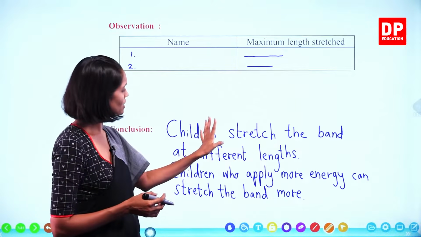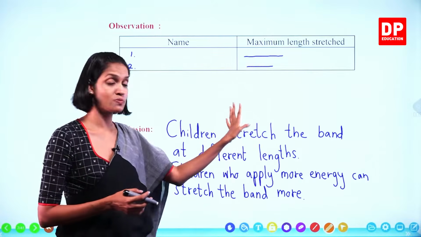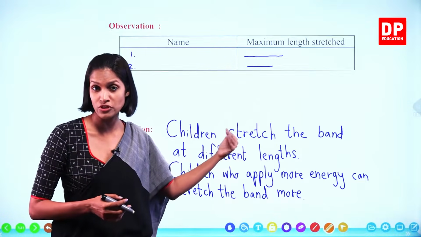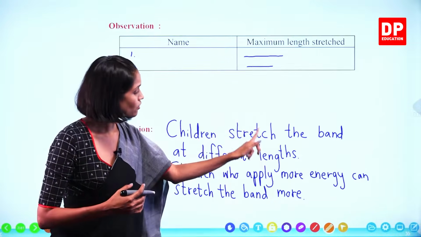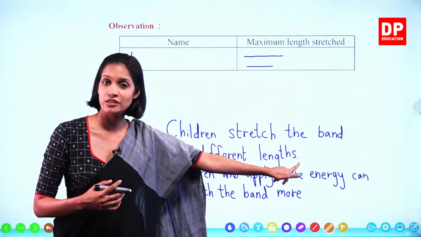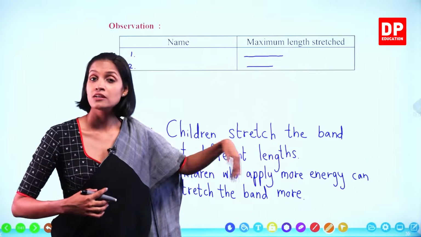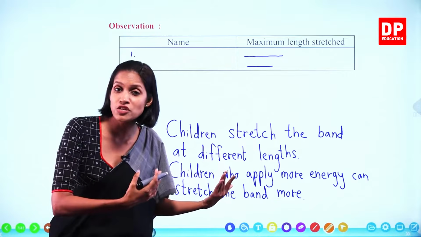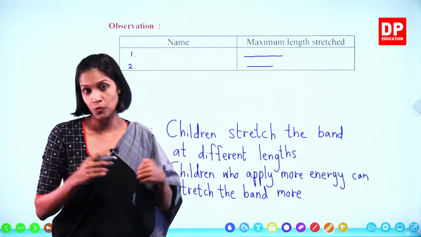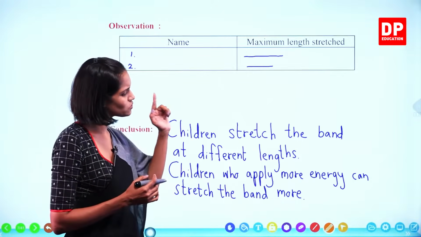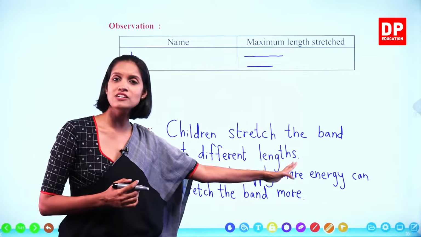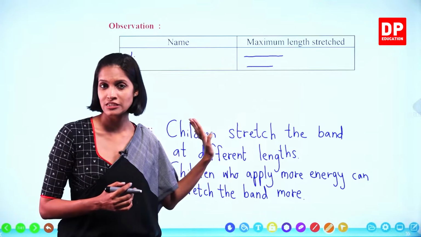So now you know that you can stretch this band more and more if you apply more energy, which means the ones with more energy can stretch it more. So we can come to a conclusion that energy is needed to do work, right?